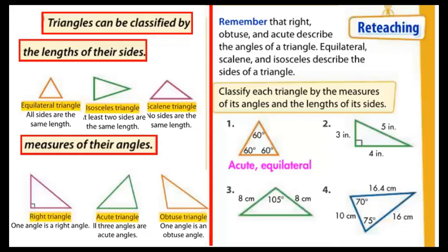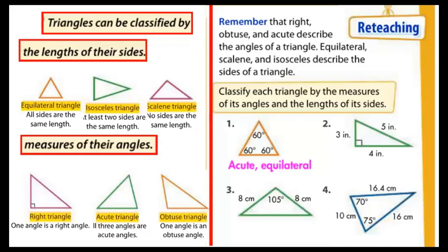Let's see the second one, the green triangle. Here we have three sides that are surely not equal in length, because the first one equals 3 inches, the second one 4 inches, and the third 5 inches. This small square inside the corner represents a 90-degree angle, or one right angle inside.